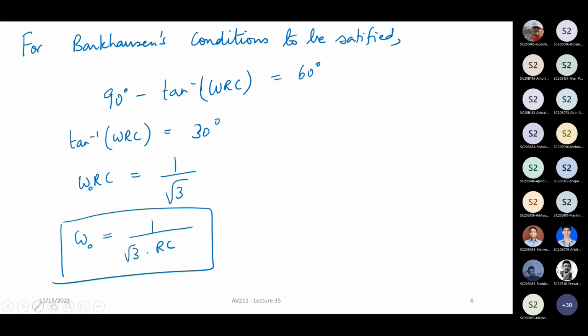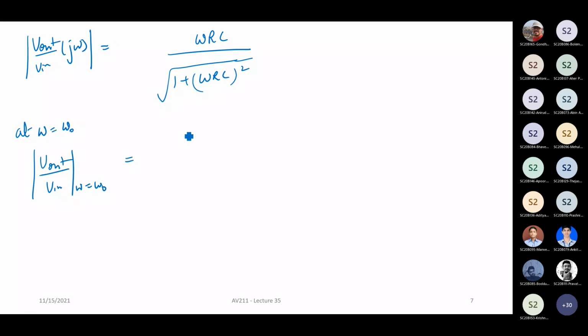Omega is nothing but 1 by root 3 RC. So you'll have 1 by root 3 at the top divided by root of 1 plus 1 by root 3 the whole square, which is 1 by 3. Okay. So you will have basically 4 by root of 4 by root 3. This will be basically 1 by 2. Correct?